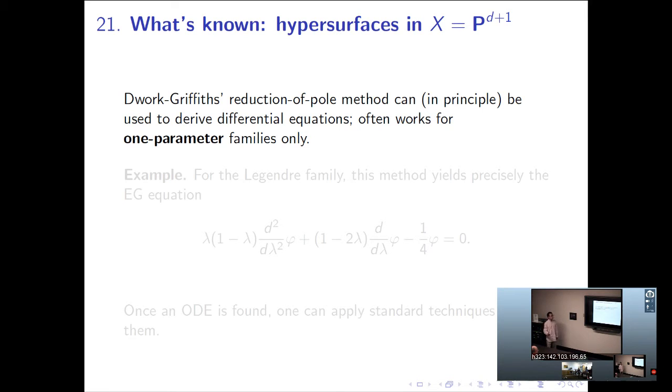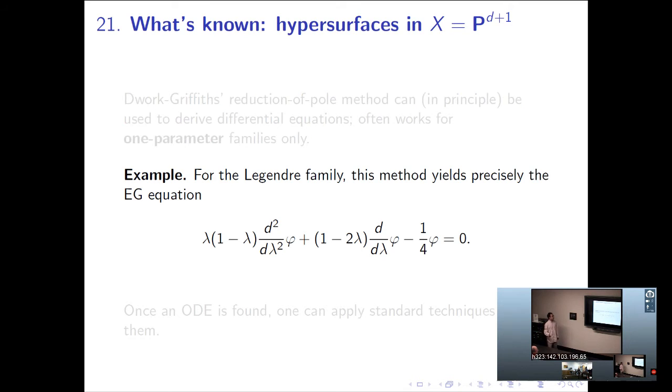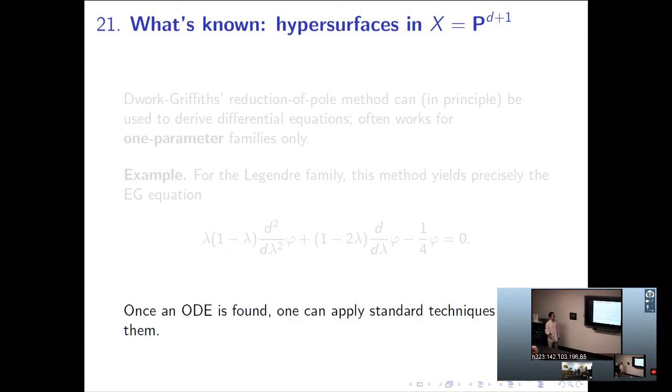So it often works for one-parameter families only. And also this method depends on some local choices. For the Legendre family, such a method will yield precisely the Euler-Gauss equation that we have seen. And once this equation is found, because it's regular singular, you can use the Frobenius method to solve it.